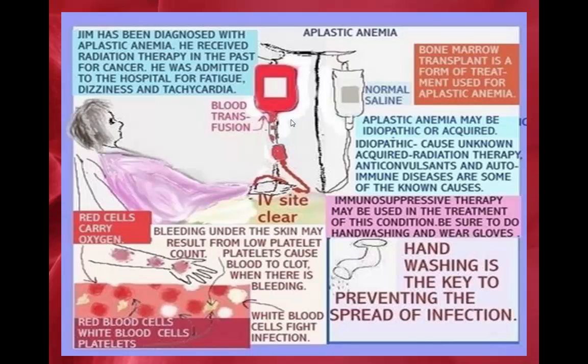They have agranulocytosis. It's highly suspicious of aplastic anemia. So basically, you give immunosuppressive therapy because it's an autoimmune disease.